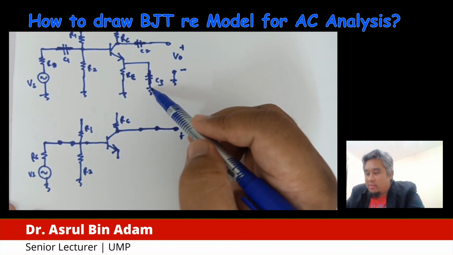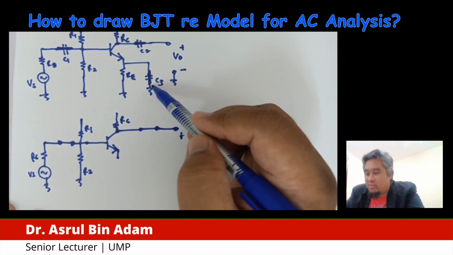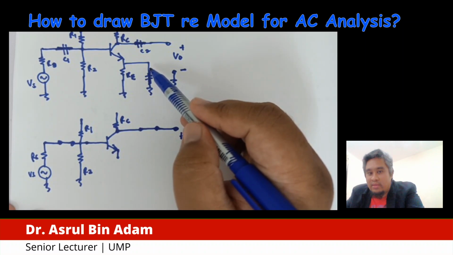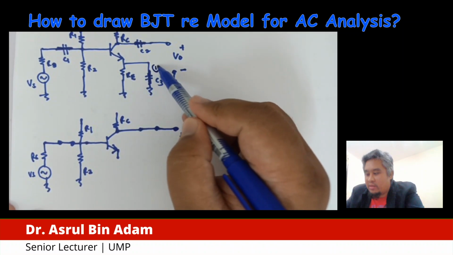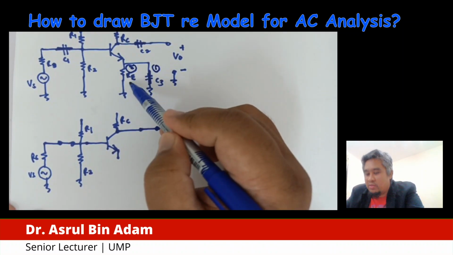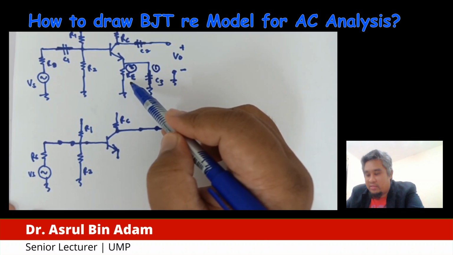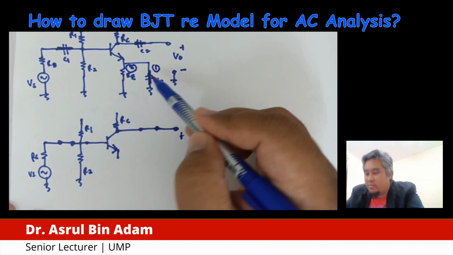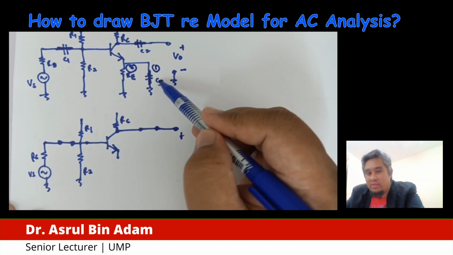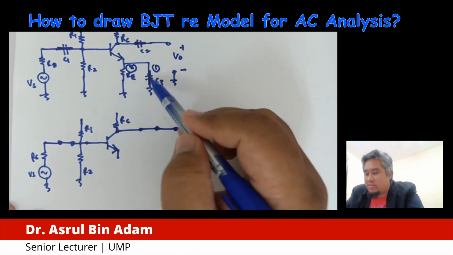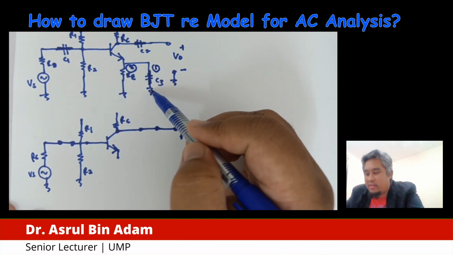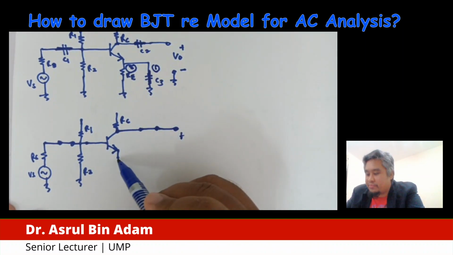The current will go to the less resistant path. This one has resistance RE, a value there, but this one connects to the ground with no resistance, 0. So the current will go through this line. So we just redraw it like this.